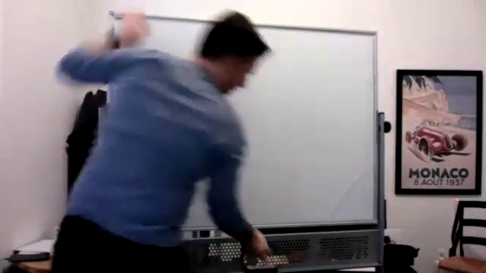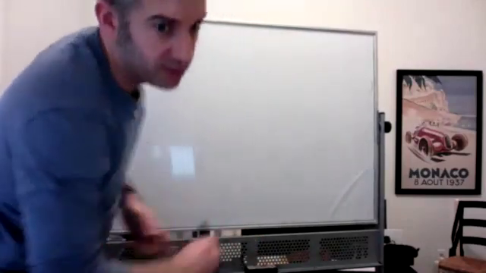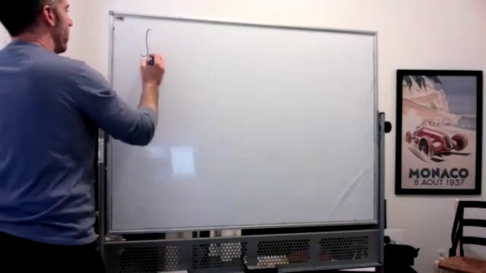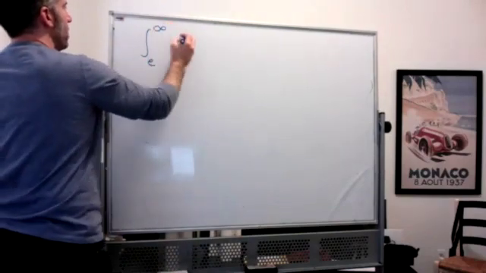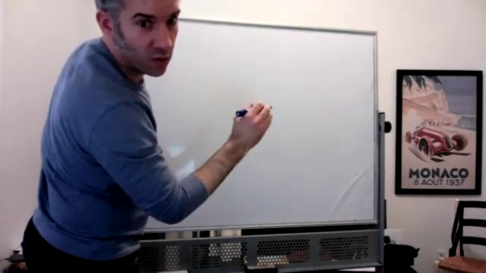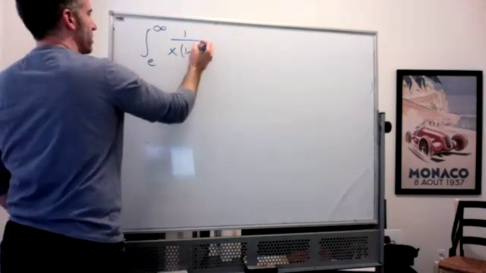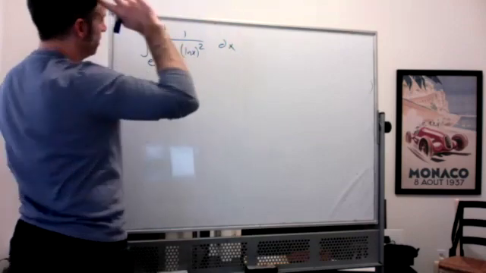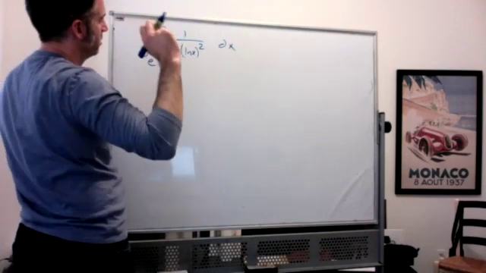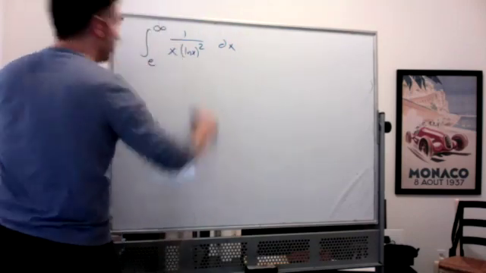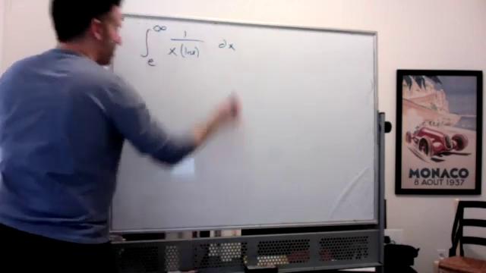Let's look at something like, where'd you go? I had a good one here. Yeah, let's look at the integral from e to infinity of 1 over x times the natural log of x squared dx. Sure, let's do the natural log of x to the fourth.